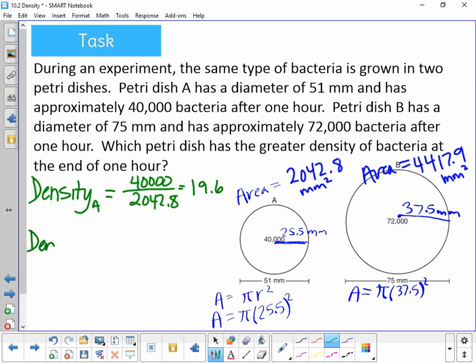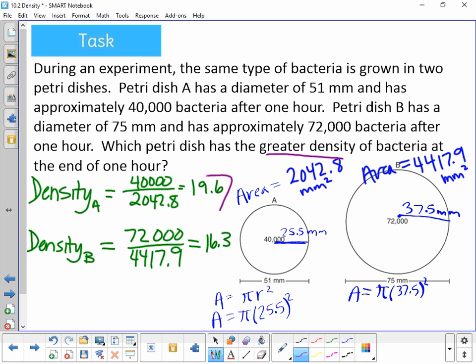For the density of the second petri dish, the density of B, we want to do the number of bacteria, 72,000, divided by the area of the petri dish. And for this one, the density is 16.3. So the petri dish with the greater density would be petri dish A. It has less bacteria, but they are much denser. They're much more close together.